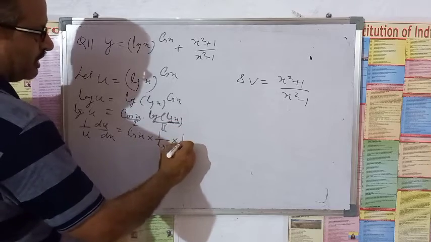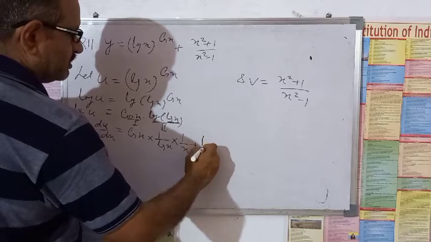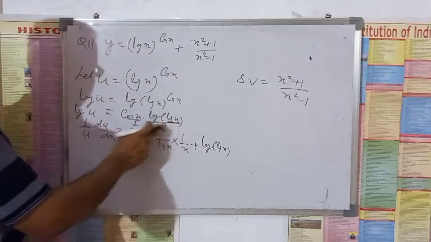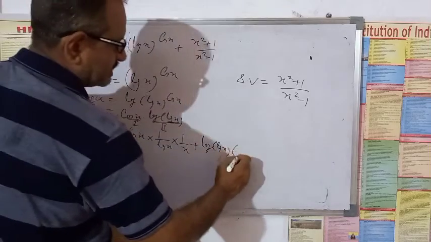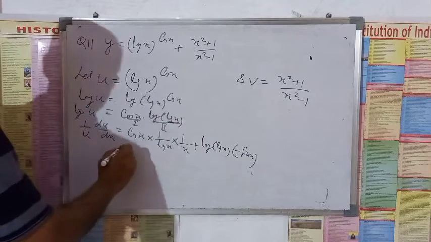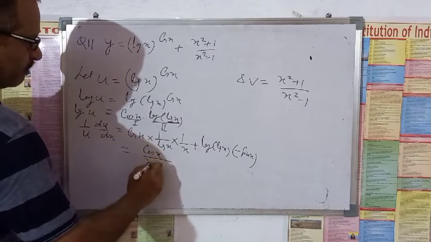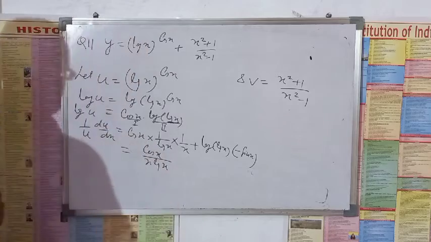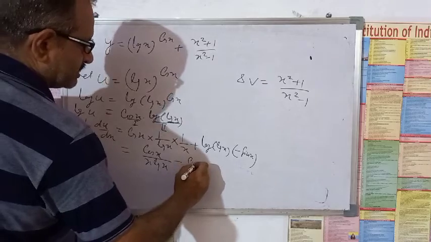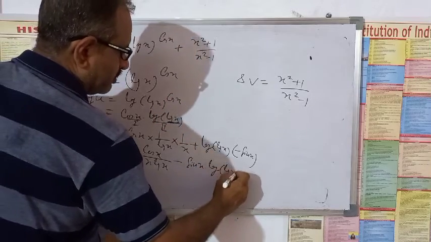Again differentiate log x, so 1 by x, plus log of log x, second function log of log x, derivative of cos x is minus sin x. So it is cos x upon x log x minus sin x into log of log x.